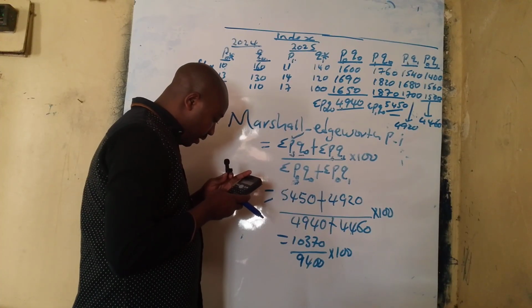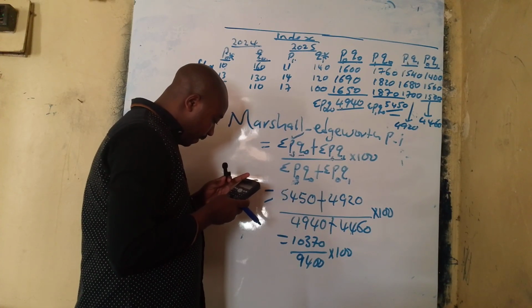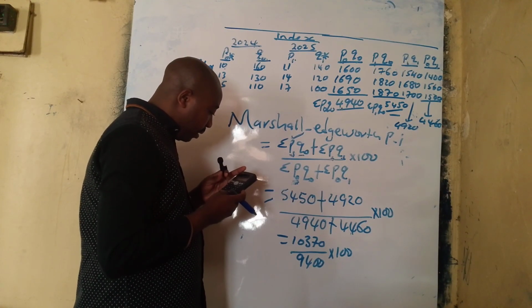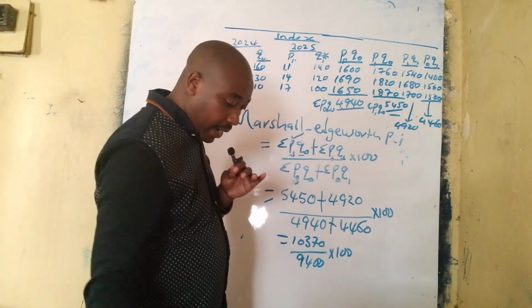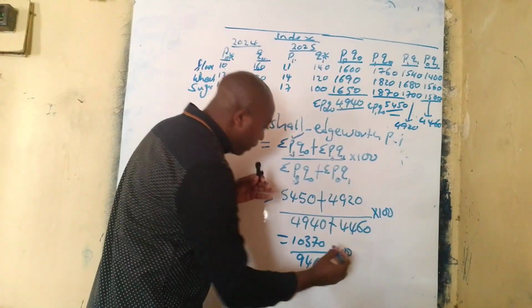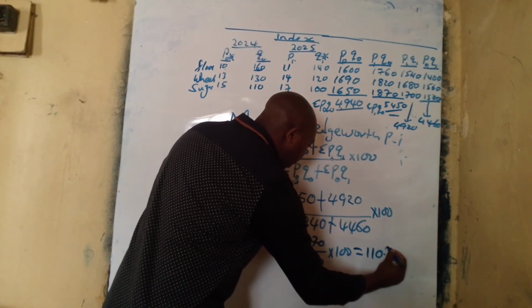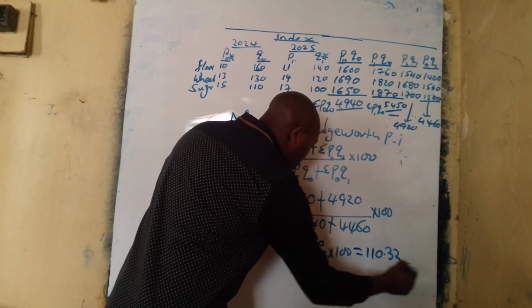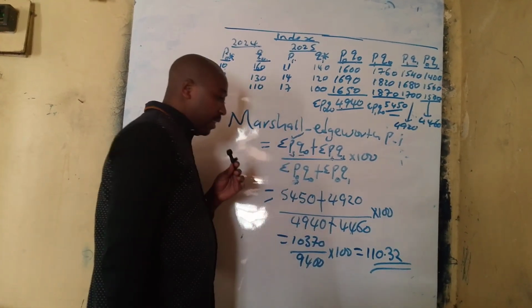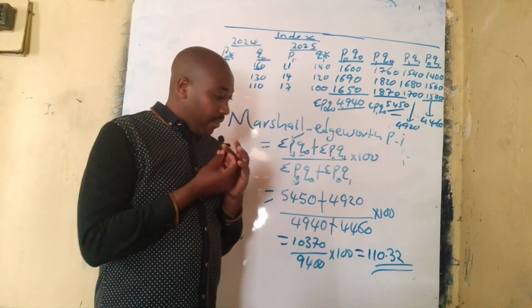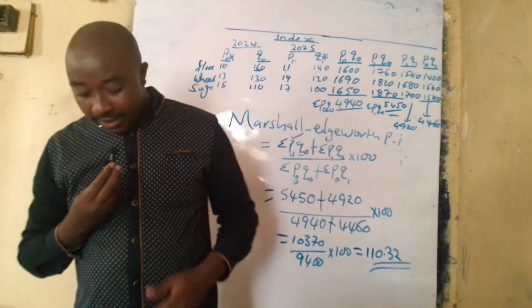So 10,370 divided by 9400, answer times 100 is 110.319. So it is 110.32. That is the answer. As simple as that.